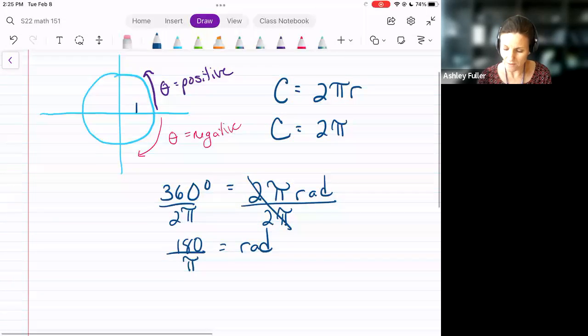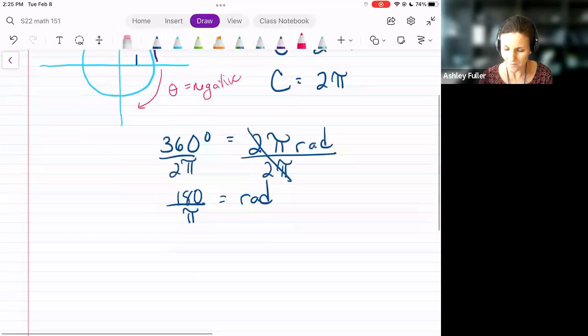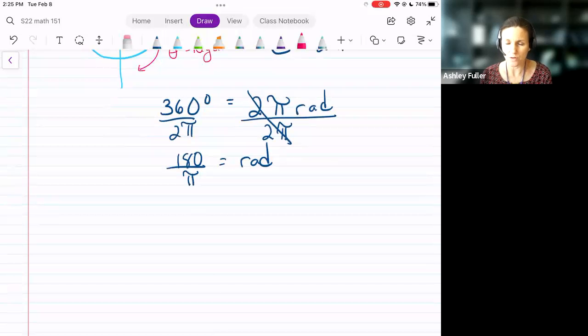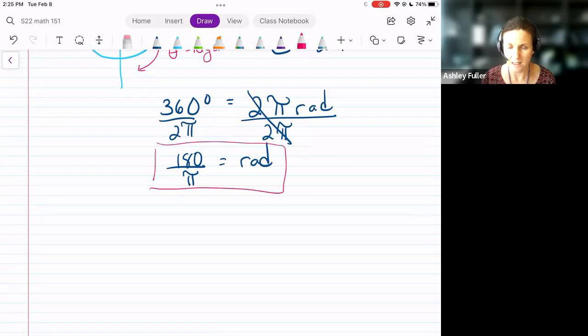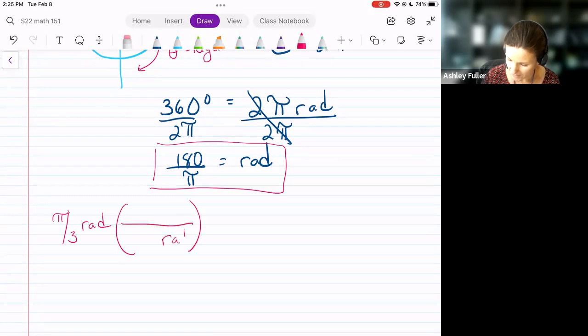If you've ever done conversion factors before, this is a great way to consider how to convert things. This is our relationship. This 180 over pi is a radian. So if I have something that is pi over 3 radians, and I want to convert it to degrees, I want to get rid of radians, so I put those on the bottom, and I want to get degrees.